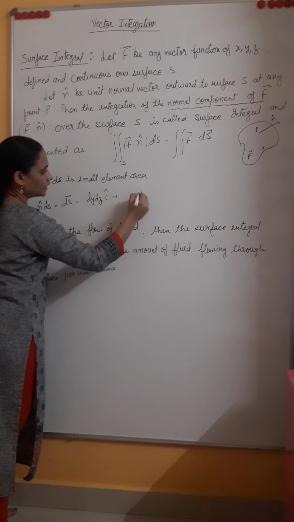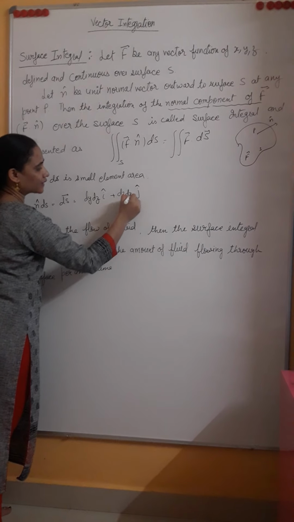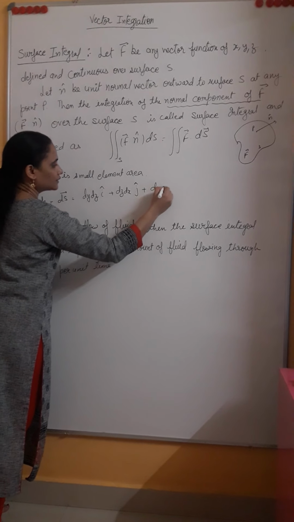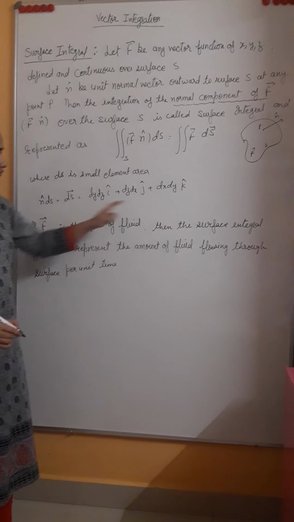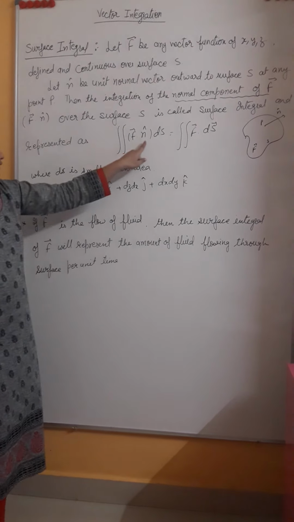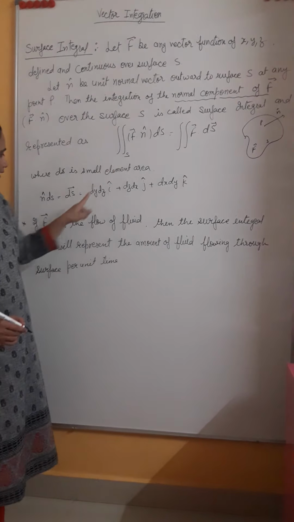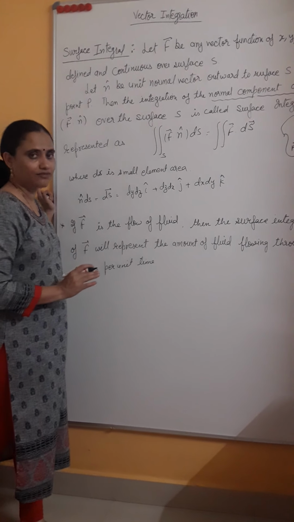Similarly for j cap, the area should be dz dx, plus dx dy for the xy plane with the unit normal vector k cap. So n cap ds is defined as this. We can take this dot product with the given vector function and integrate over the given surface.